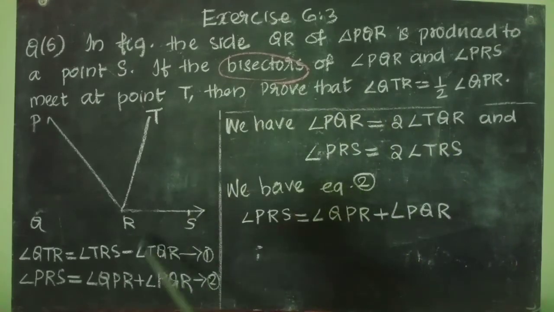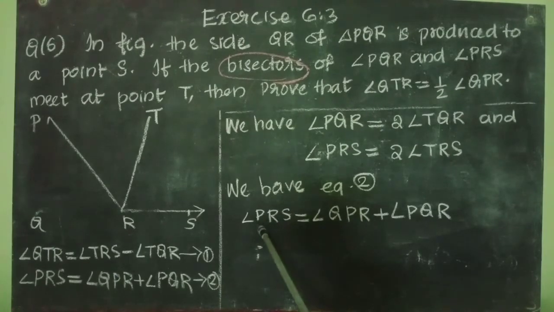Now consider our second equation. What is our second equation? Angle PRS equals angle QPR plus angle PQR. I have written it here.